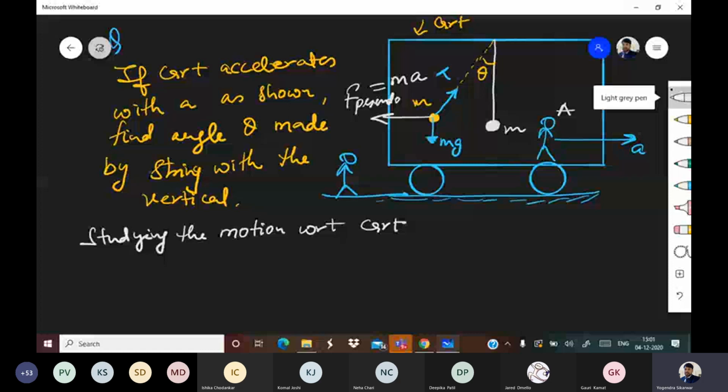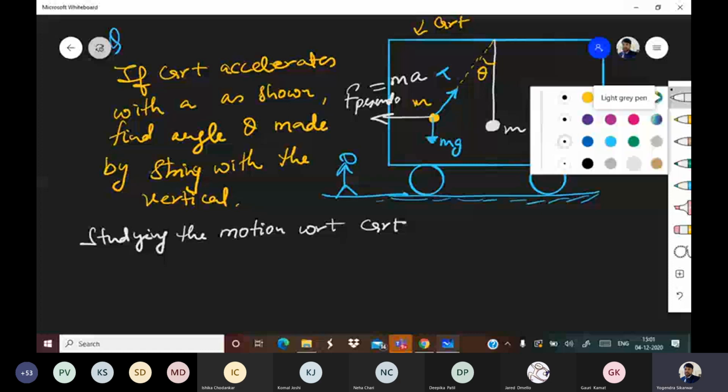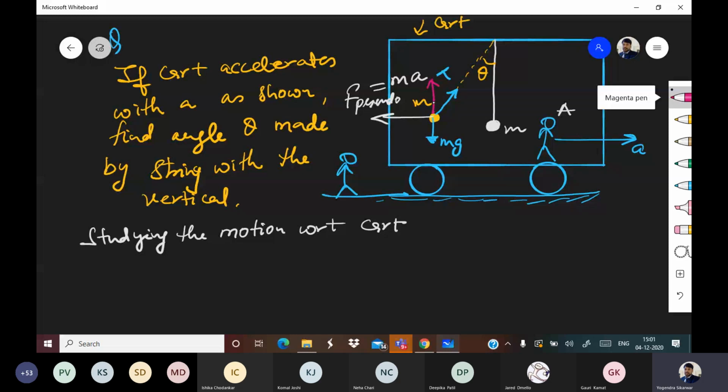Now in the presence of all these three forces, tension, mg and F pseudo, the mass m is at rest. So we need to resolve forces in vertical and horizontal, and then apply Newton's law of motion. If this is theta, alternate angle, right? So upward force will be T cos theta. Horizontal force will be T sin theta.